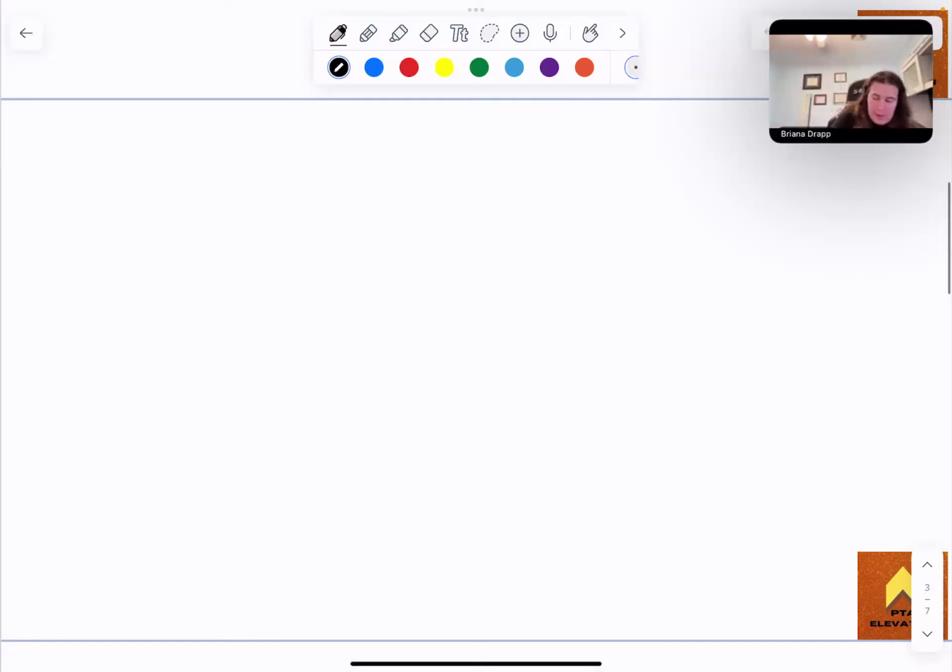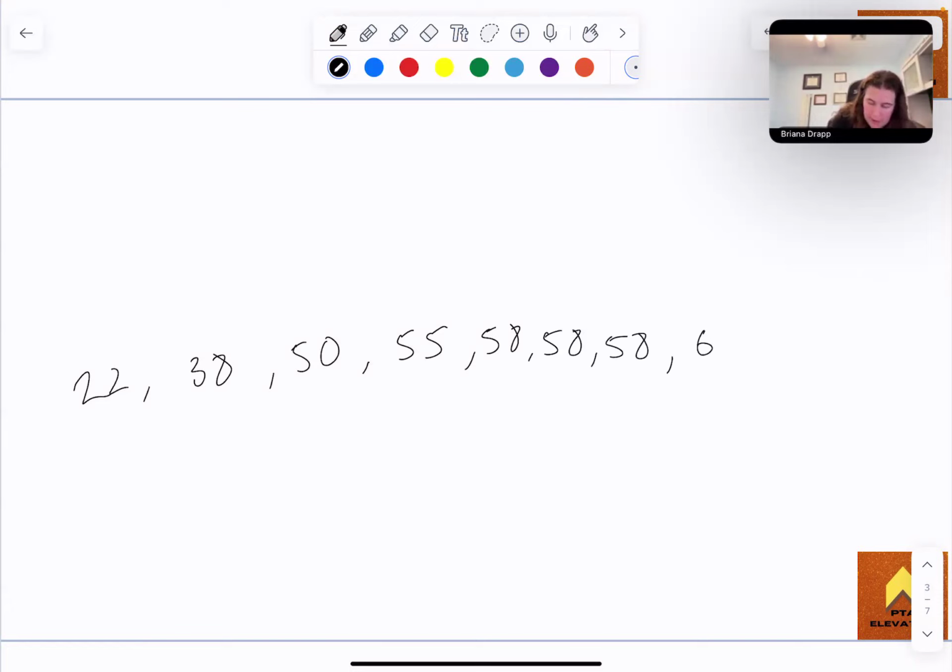So let's say we just surveyed 10 people who have arthritis and we asked them, what age did you start feeling pain? Let's do that outlier where we have that 22-year-old, and then we have a 38-year-old, then a 50-year-old, then we have 55, 58, 58, 58, then a 60.